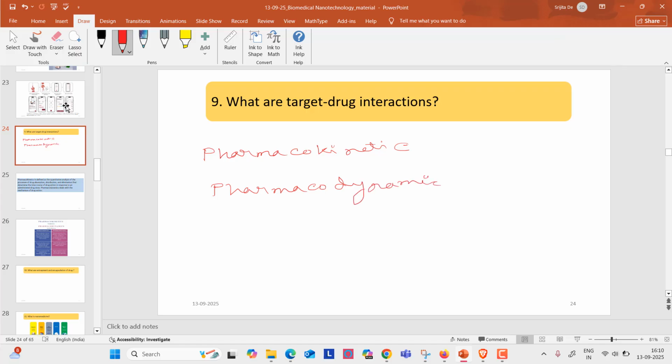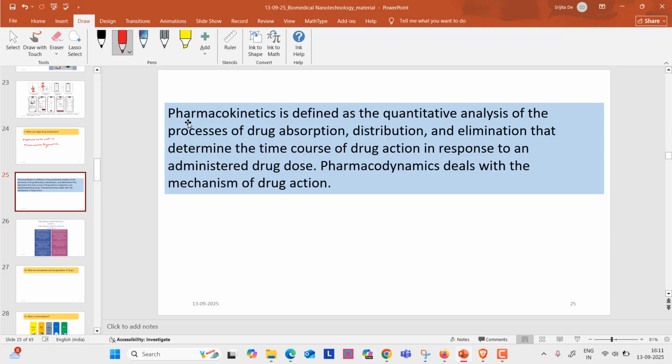What does this mean? Pharmacokinetics is defined as the quantitative analysis of the process of drug absorption, distribution, and elimination that determine the time course of drug action in response to an administered drug dose. And pharmacodynamics deals with the mechanism of drug action.